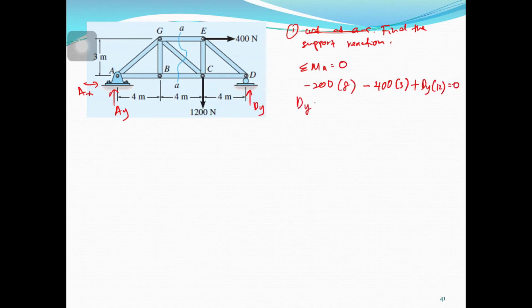So DY equals, taking your calculator, 1600 plus 1200 divided by 12, you get the answer 233 Newton.